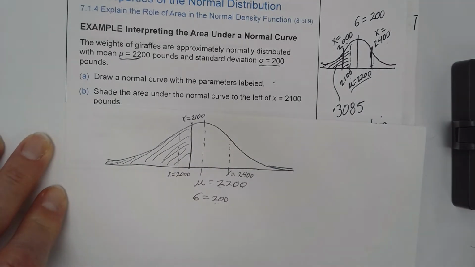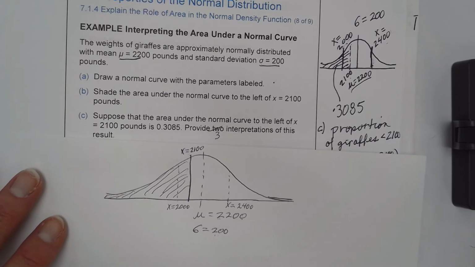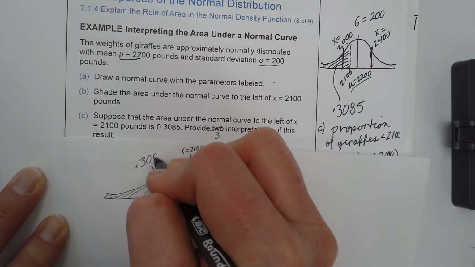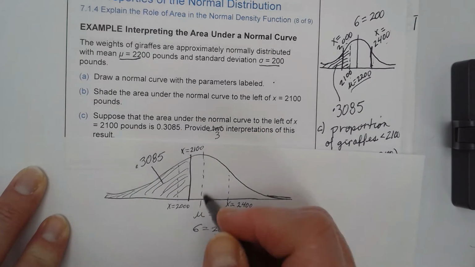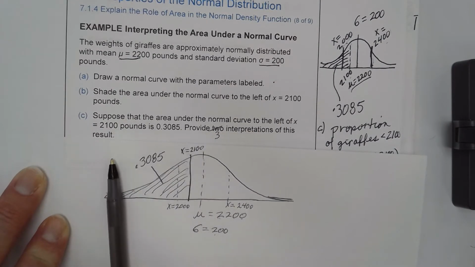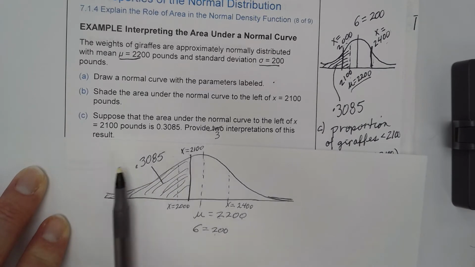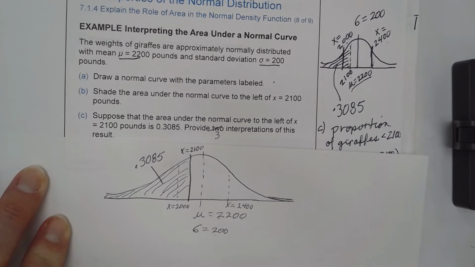Okay? So then it says, suppose that the area under the normal curve to the left there is 0.3085. Does that make sense? Because the mean is right there in the middle, and remember the area to the left of the mean is 0.5. So this part to the left of the mean has to be less than 0.5, right? So it makes sense for it to be 0.3085.